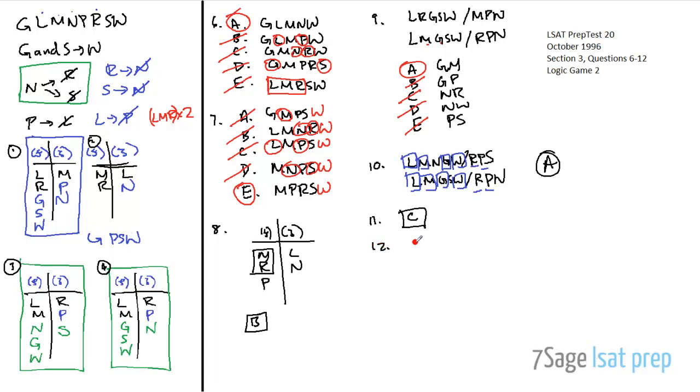Which of the following areas must be reduced? Well, here we have W, here we have W, here we have W. So I'm thinking it's a pretty good indication that W is it, but then we actually don't know that for this one. So let's actually figure it out, right? M, R, L, N, and so what's left to place is G, P, S, and W. So the argument here is that W must always be in, right?